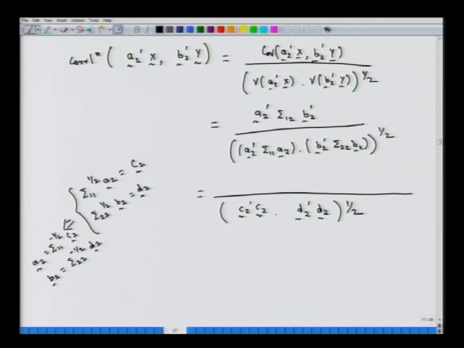So, we can plug in these values in the numerator of this expression, which will lead us to C2 prime sigma 1 1 to the power minus half, that times sigma 1 2 B2. I am sorry, this is not B2 prime, this is A2 prime sigma 1 2 B2.